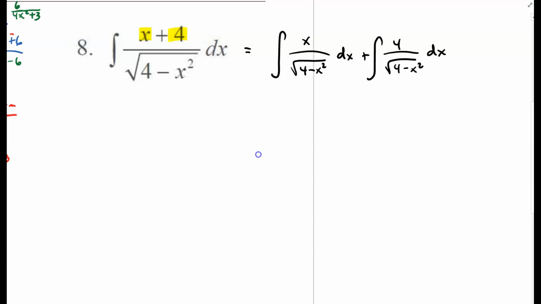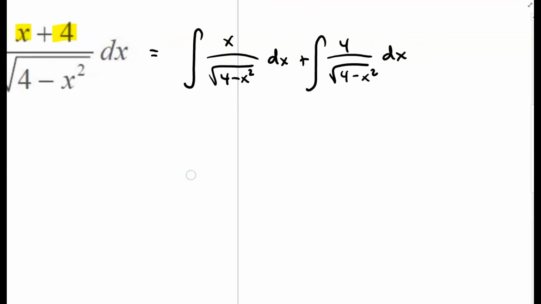Now, why would I do that? Well, we've just seen some techniques where when we have a square root in the denominator, this can represent sine inverse form, but sine inverse form only has one term in the numerator, okay? So now that I've done this, let's see, does this help at all?